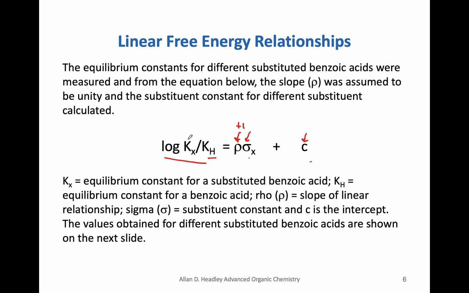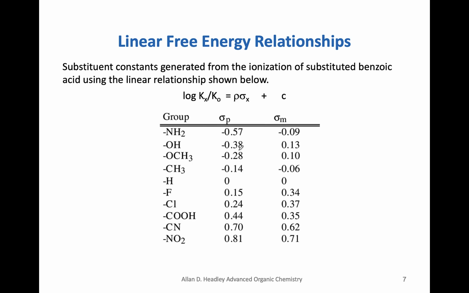He knew the equilibrium constant Kx because that was measured, and of course Kh, that was measured, so that is known. This is known because he made it plus 1, so he tried to calculate here sigma x for each substituent that's on that ring. Here's what he got.